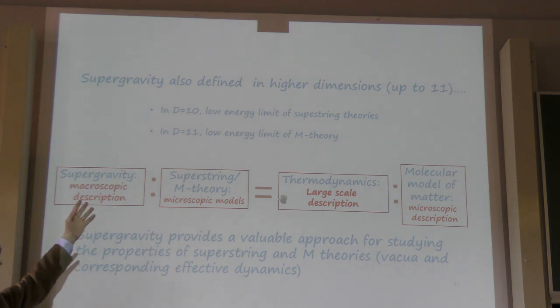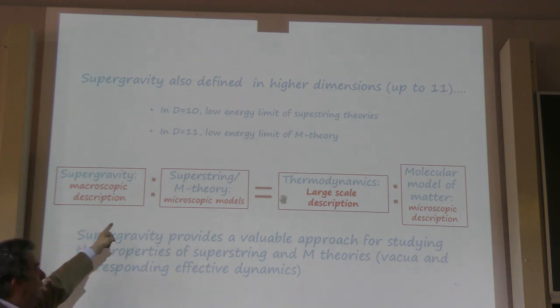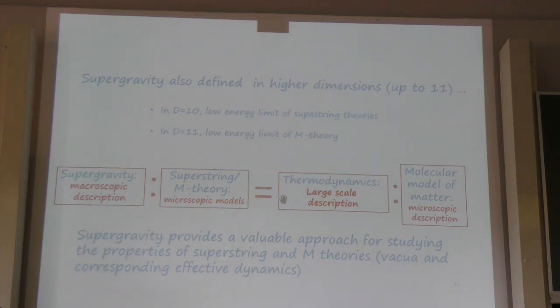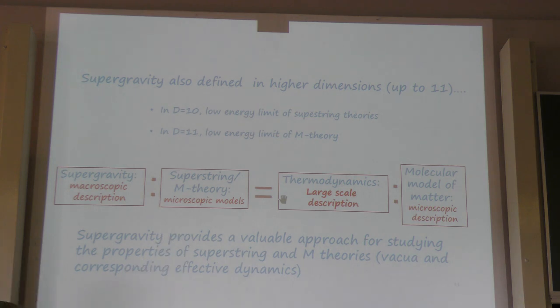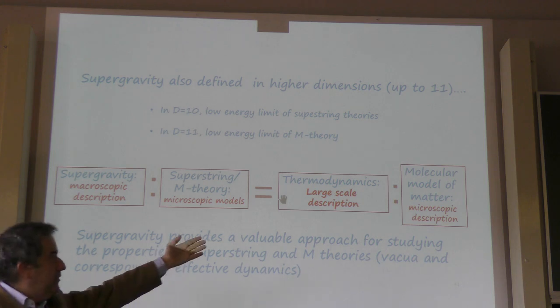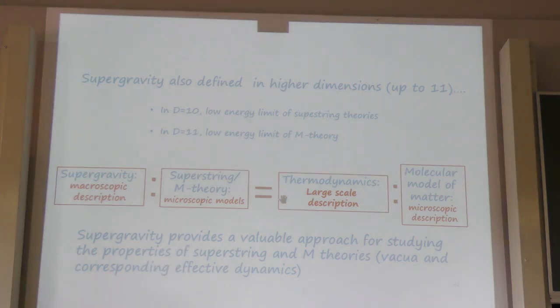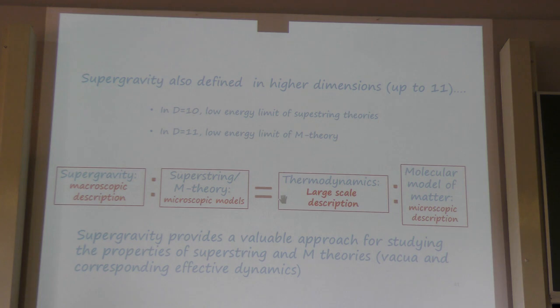Supergravity, when it is the low energy limit of superstring theory, provides the macroscopic description of those microscopic degrees of freedom which are described by superstring theory or M theory, very much as thermodynamics provides a large-scale description of molecular models, which are described from a microscopic point of view by, for instance, kinetic theory of gases and so on.